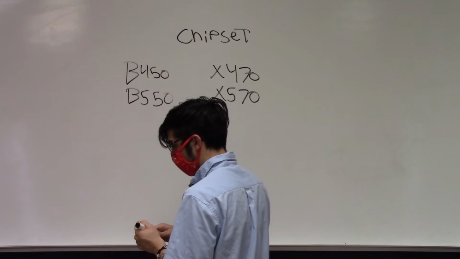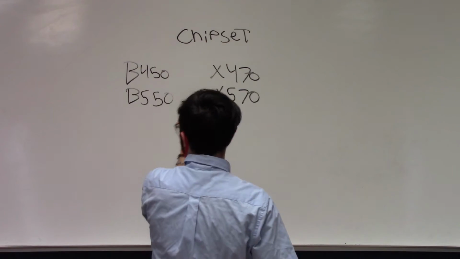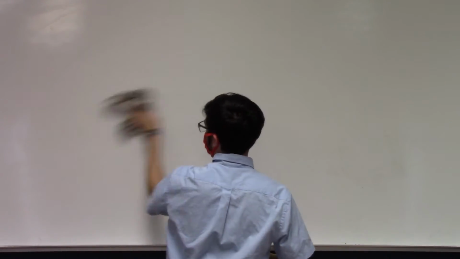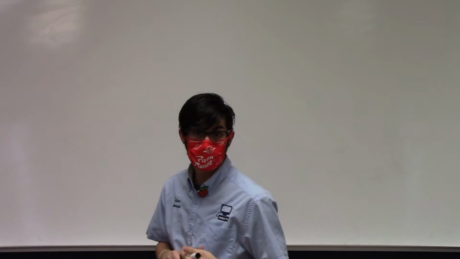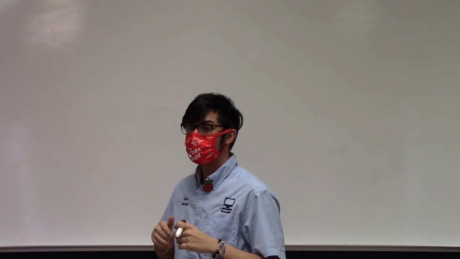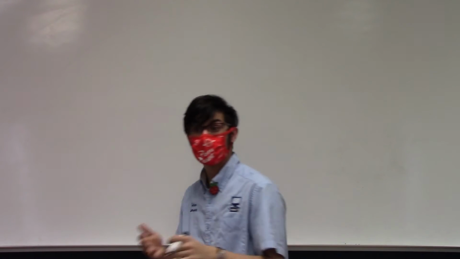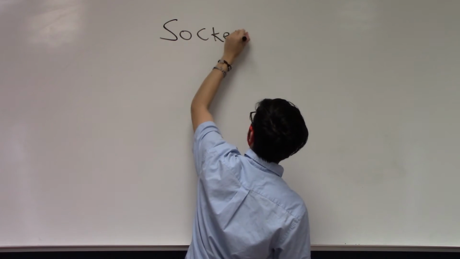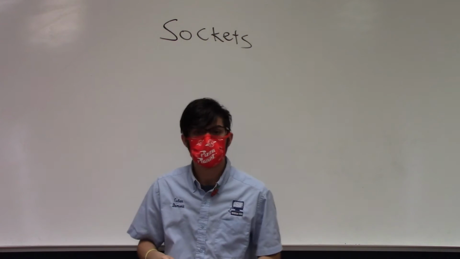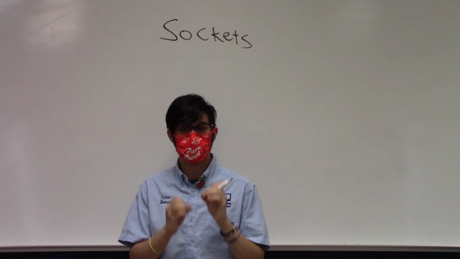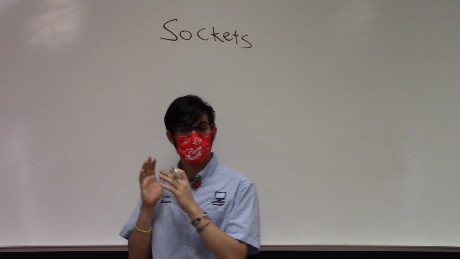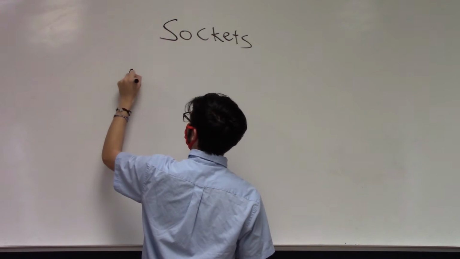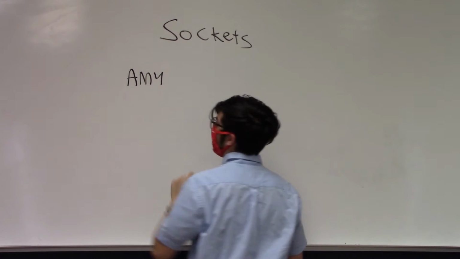So now we're going to talk about sockets. Your socket is essentially what brand of CPU you'll have, either Intel or AMD. Now there are two specific types of socket, one for AMD and one for Intel. The AMD socket is called AM4.